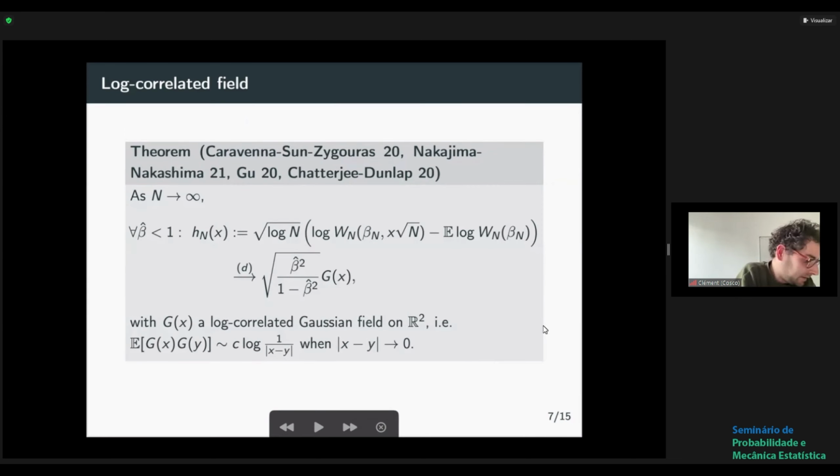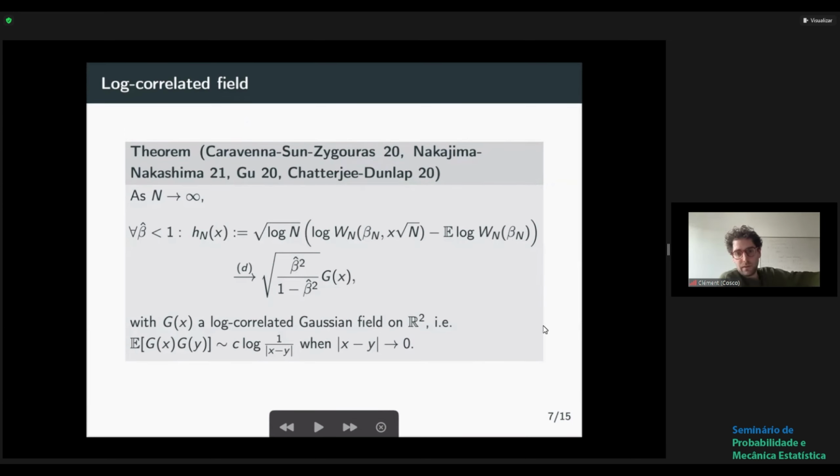Then at the limit, you find a Gaussian log-correlated field. This is just a distribution where the covariance kernel decays as a logarithm, and if you test it against a test function, it's a Gaussian random variable. So that's the distribution.